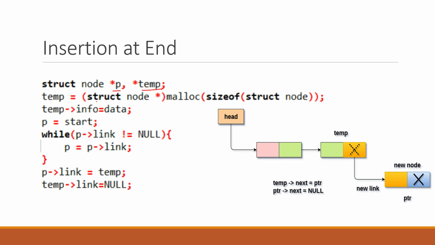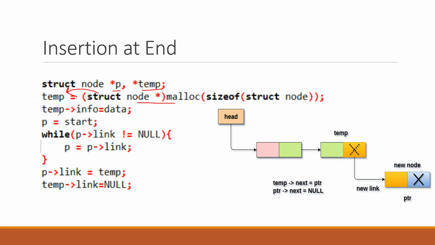Temp is equal to struct node and malloc. Here we have created a new dynamic memory allocation, and the new dynamic memory is assigned to this temp pointer. This temp pointer holds this new memory.